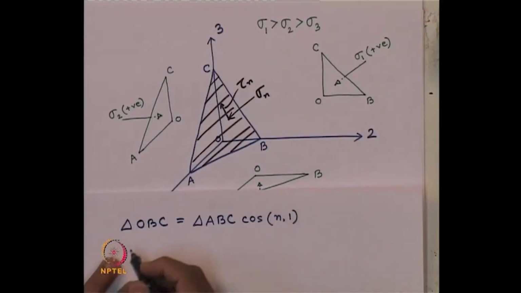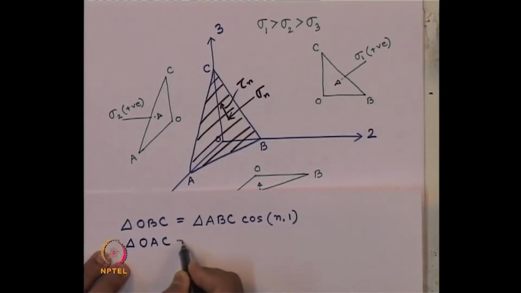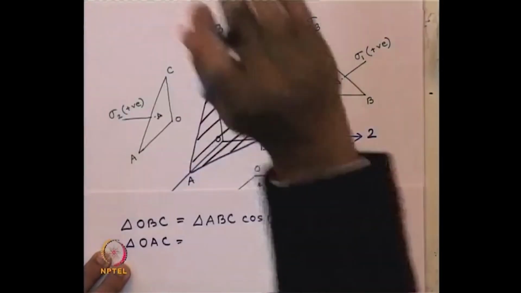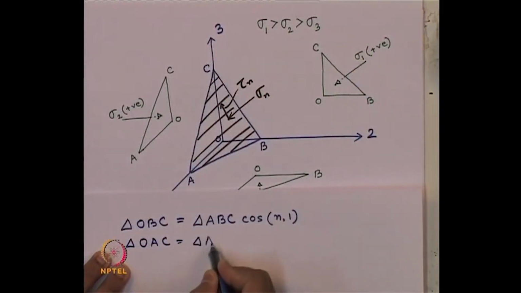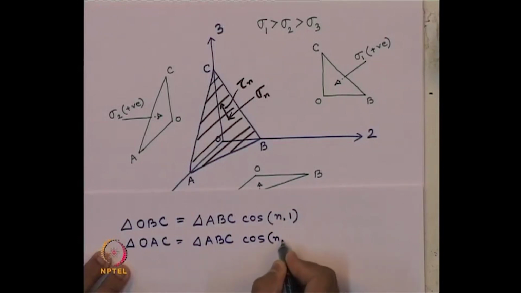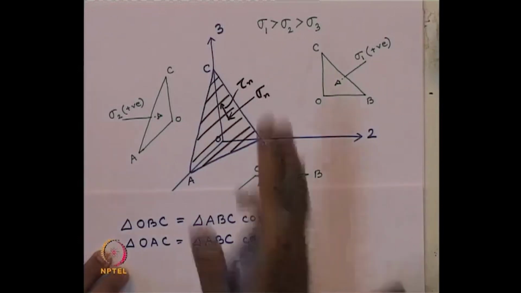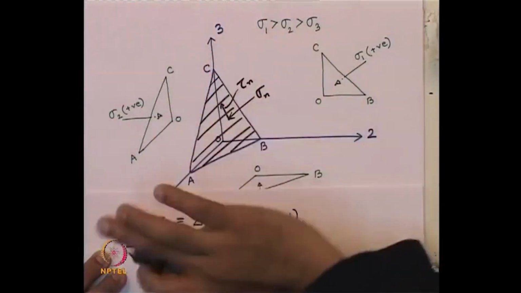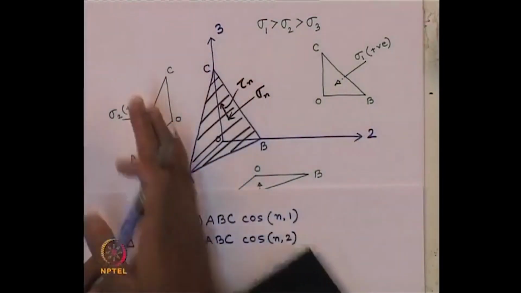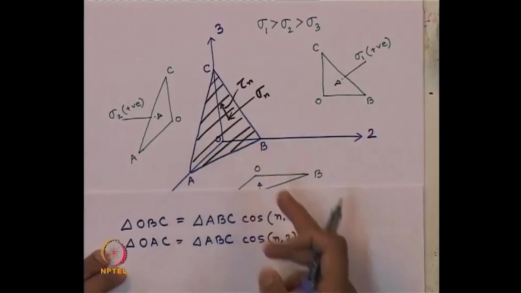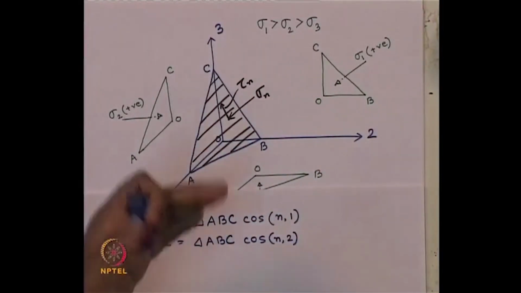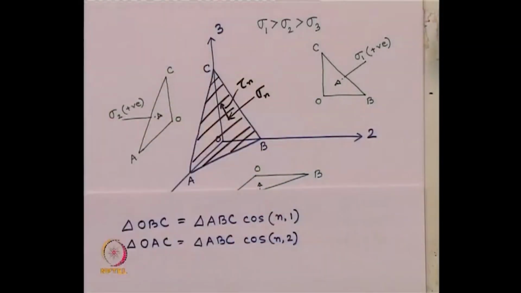Similarly, the other area, area OAC, should be area ABC times cosine of the angle n2, because this is the projection on the 1 and 3 axes. It will be the cosine of the angle this one makes with respect to axis 2. Projection of that will be the area.